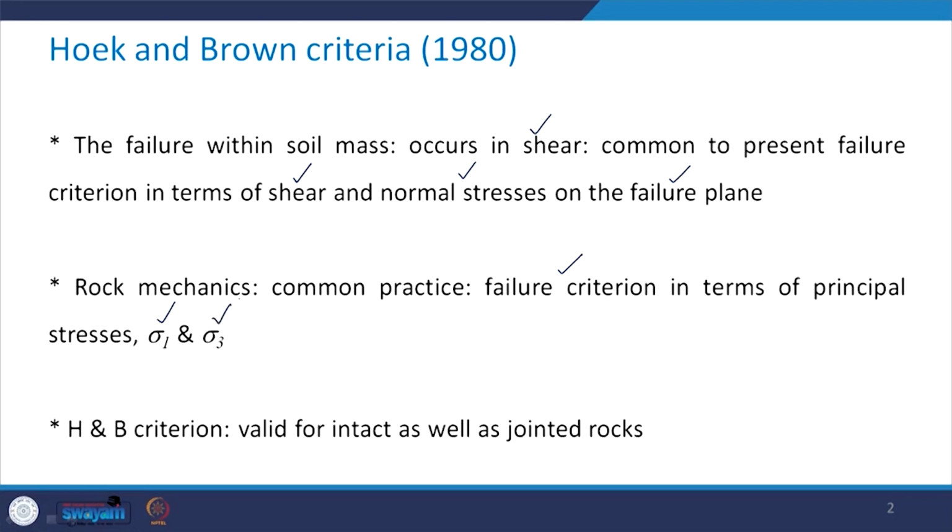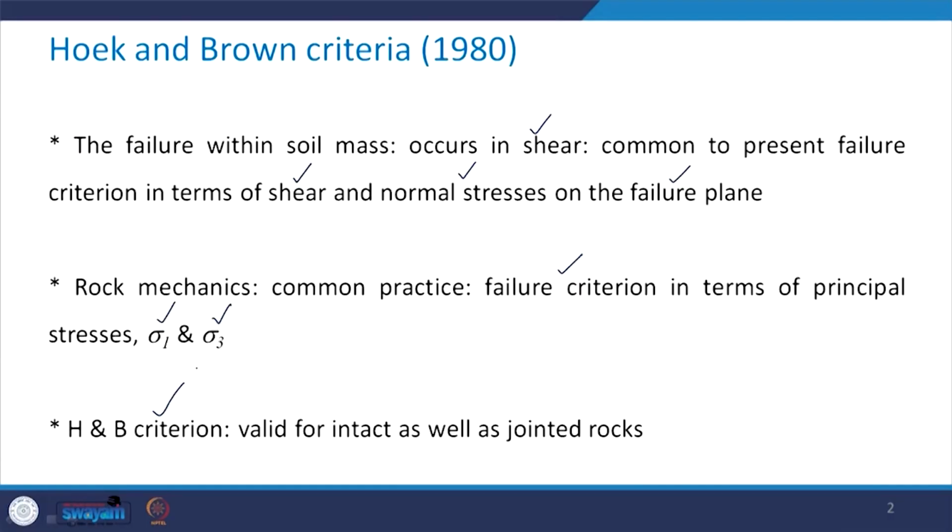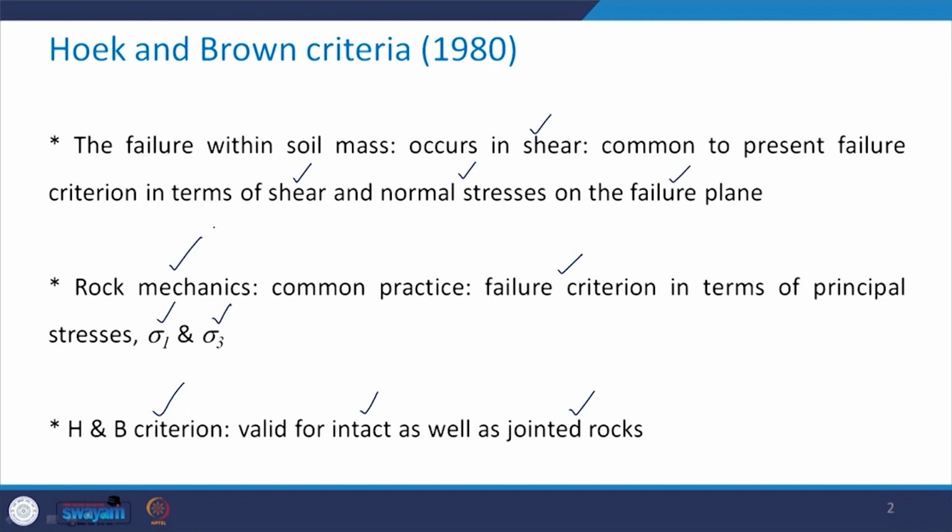It is the convention to represent the major principal stress by sigma 1 and minor principal stress by sigma 3. So, for most of the failure criteria in rock mechanics, it is a functional relationship between sigma 1 and sigma 3. This Hoek and Brown criterion is valid for intact rock as well as the jointed rocks, and that is one of the reasons that it is quite widely used in rock mechanics.